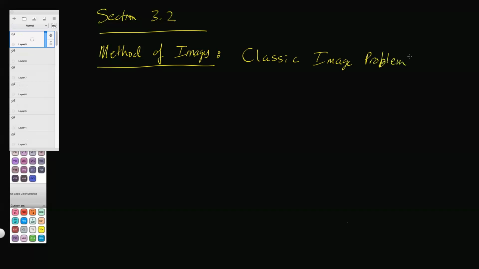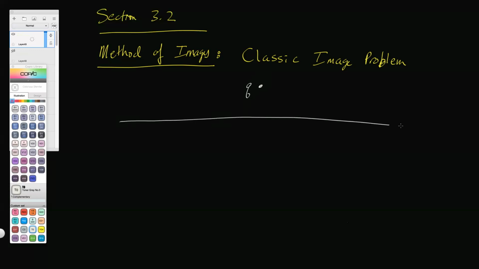Okay, so you have a point charge Q, and it's held a distance above an infinite grounded conducting plane. So we have an infinite plane, grounded, conducting plane.